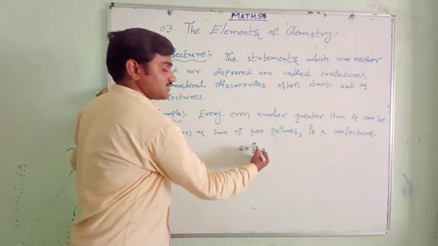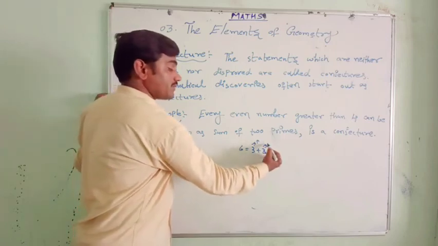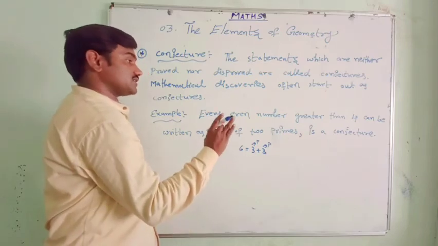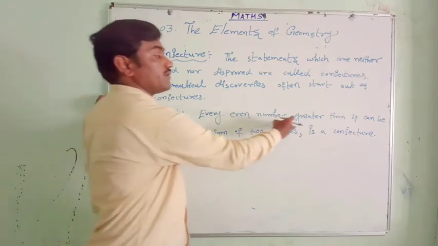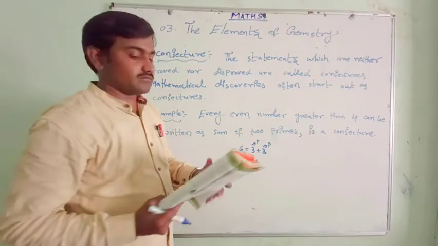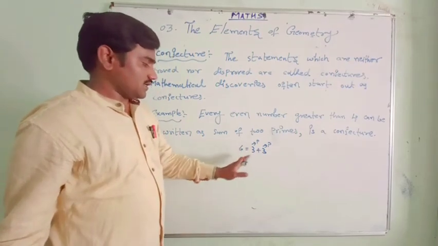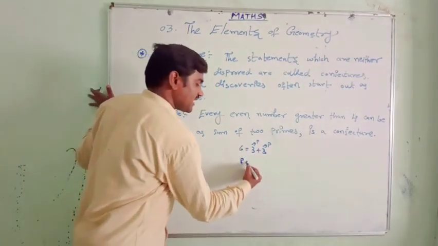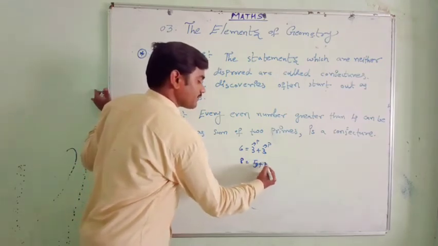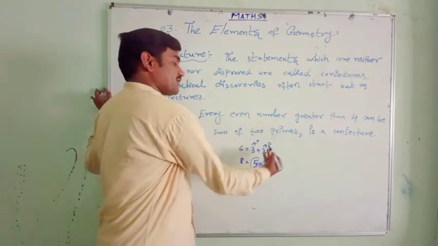Here 3 is a prime number and here 3 is also a prime number. Let me take one more even number, 8, which can be written as 5 plus 3. Here we got 2 different primes, and there the same prime.